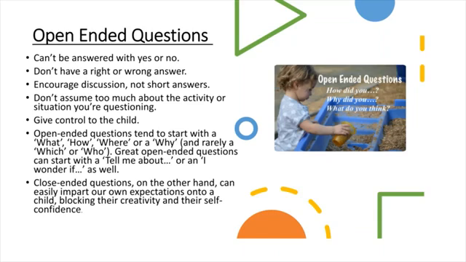Open-ended questions are questions that cannot be answered with a yes or a no. So, for example, if you said, "Do you like this?" that would be a closed-ended question. If you're asking these sort of questions, your child can get away with a simple no or a yes.